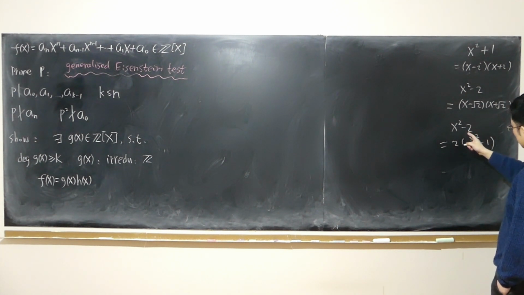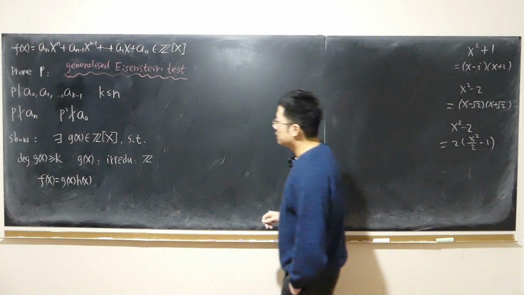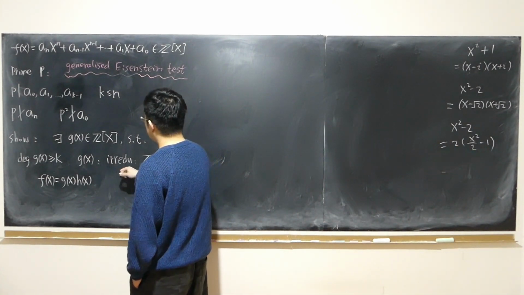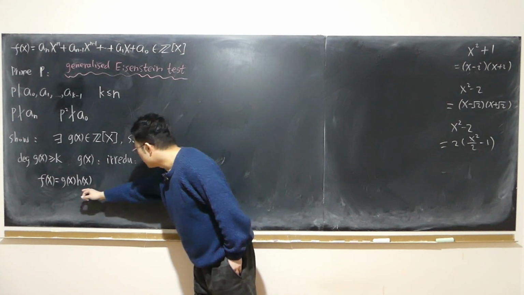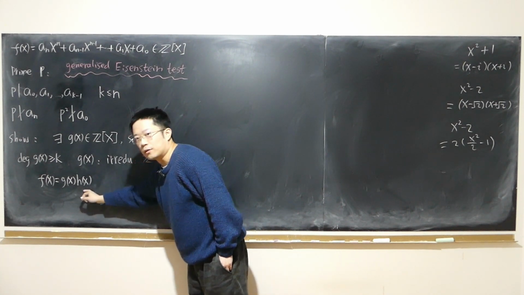I don't consider this reducible. So we must require that each factor has degree at least 1.